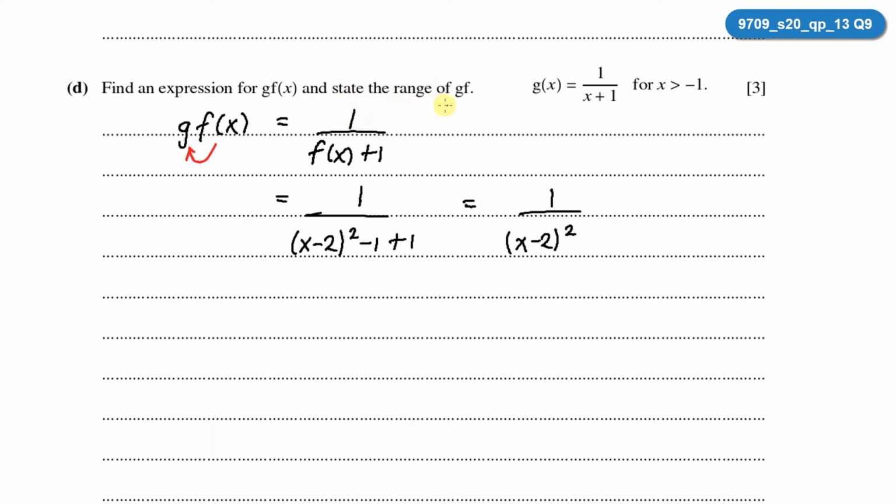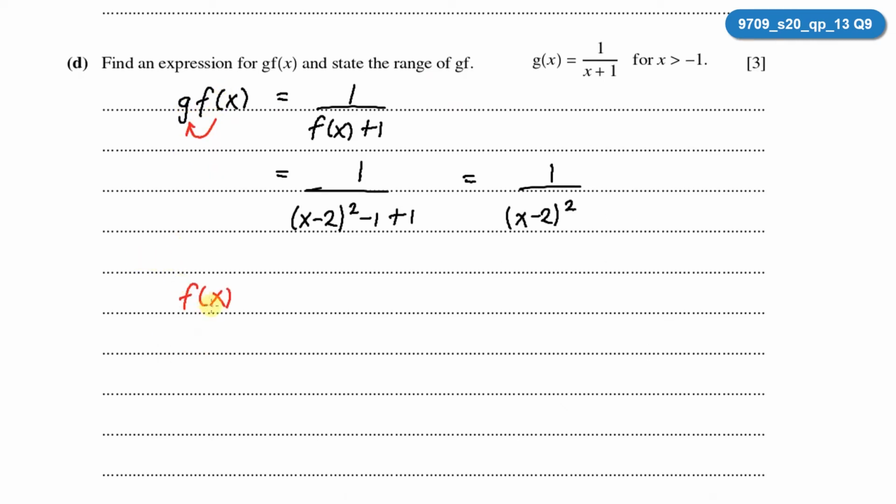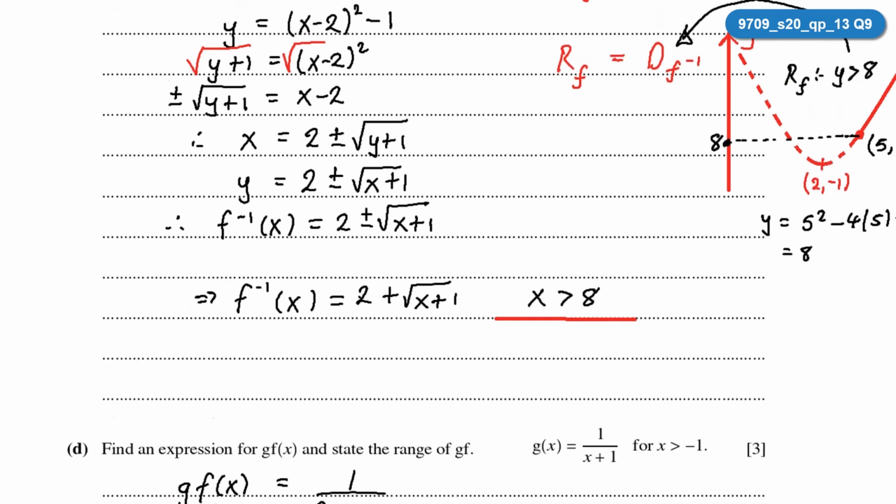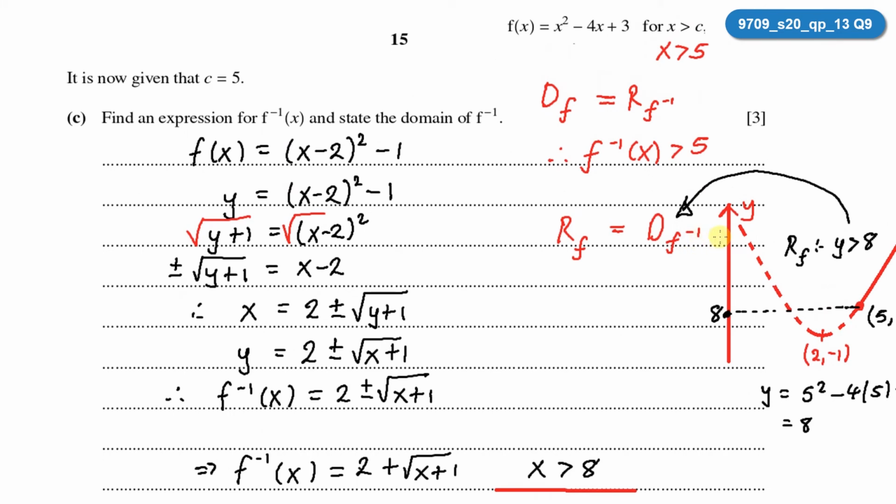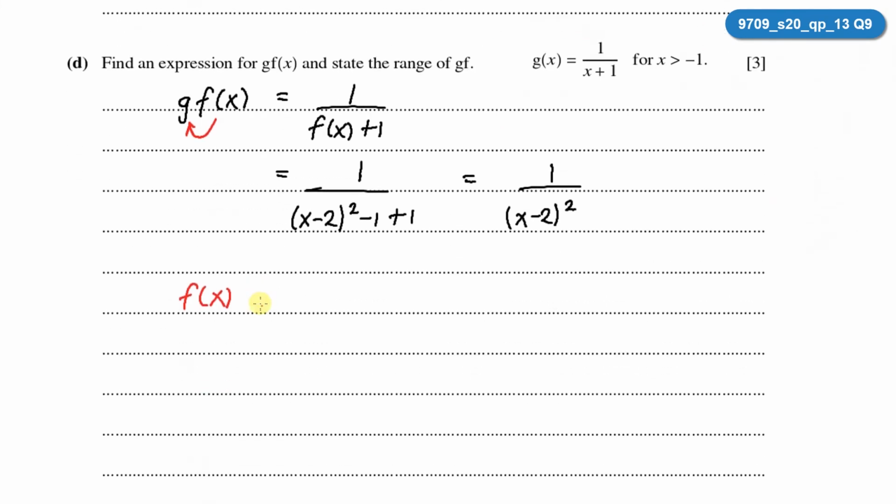Now for the range of g of f, we know that f of x is an input into the function of g. And we know that f of x has a range which we obtained in part C, the range of f is y is greater than 8. So we know in this case that f of x is always going to be greater than 8.